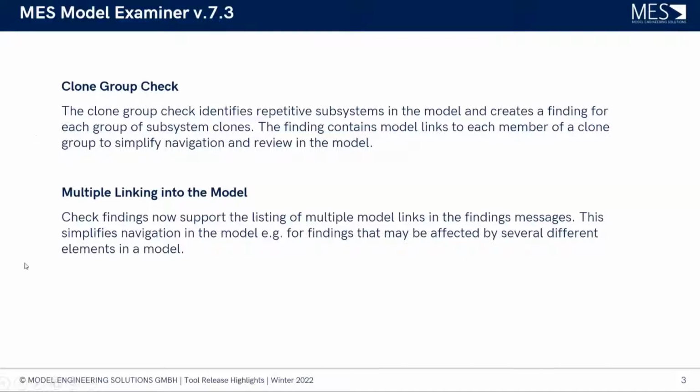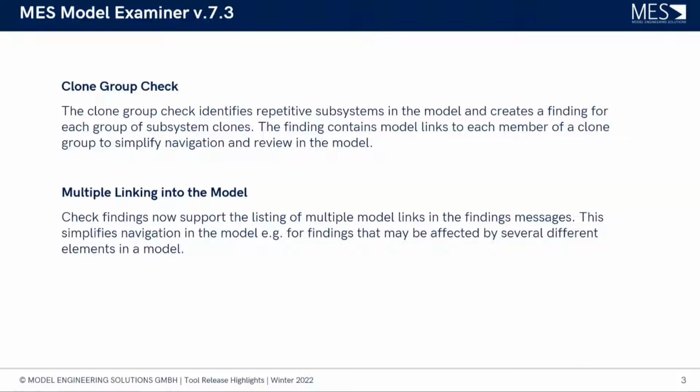So you would like to know all members of that group in one finding to simplify navigation. But you could also think about other checks that may be affected by several different elements in the model, so it makes navigation easier. But I've talked a lot, and Kai is here to show us now how that looks in MXAM.